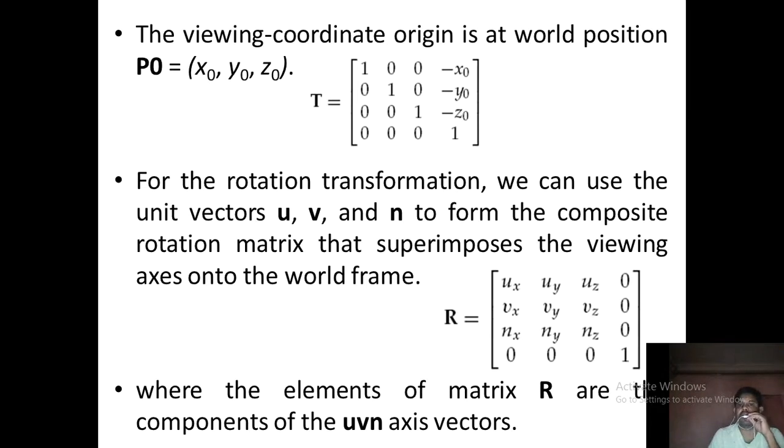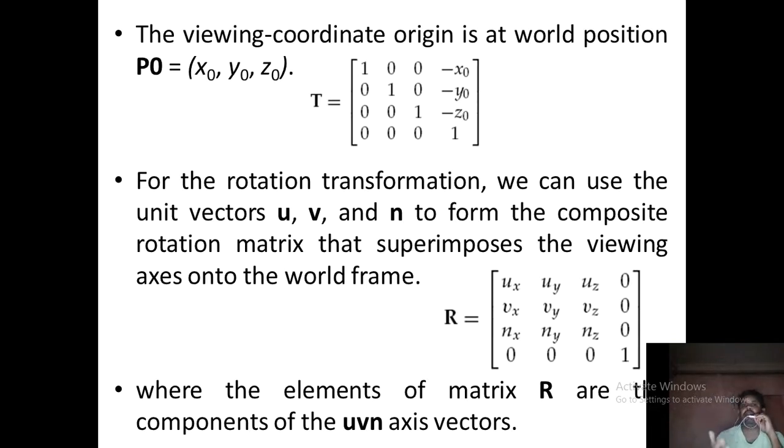Then for the rotation transformation, we can use the unit vectors, like in the previous video. For example, u can be the up vector, then v is x, then n is the surface normal.